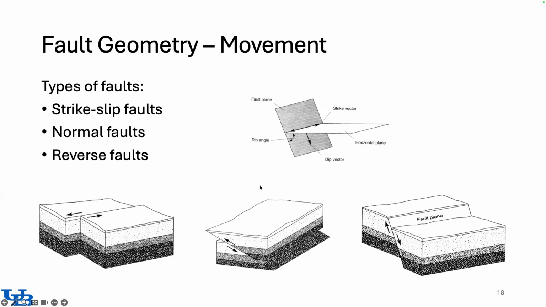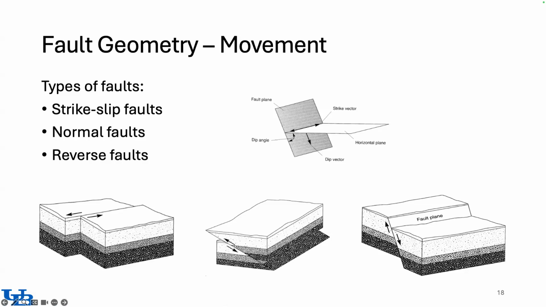We have normal faults, and those exist in extensional environments where the two sides are moving away from each other, creating a scarp. And we have reverse faults where the two sides are pushing against each other, so that's in compression environments.